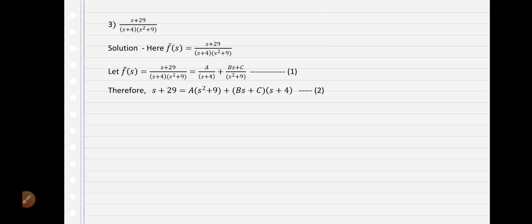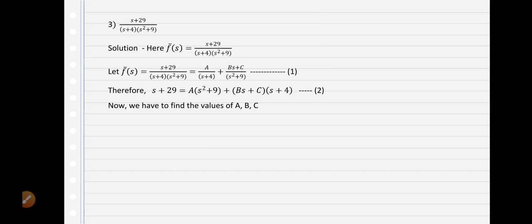Now see here, in equation 1, the first term is a upon s plus 4. S plus 4 is a linear factor. So by s equal to minus 4 substitution, we can easily get the value of a. But to get the value of b and c, we cannot put s square equal to minus 9.